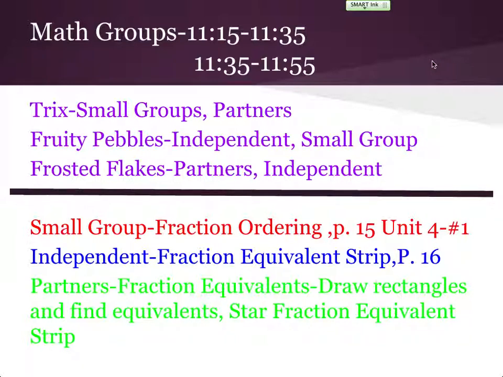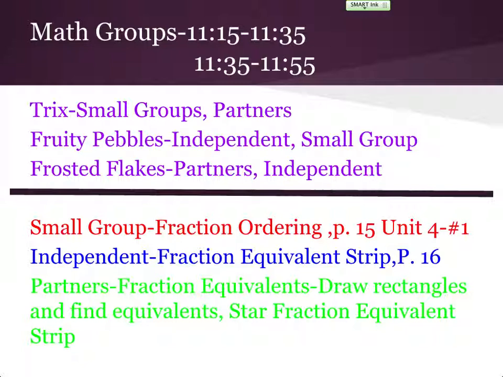If you are Tricks, you are starting with me today, and then you're going to be doing partner work. If you're Fruity Pebbles, you're going to start independently working on your percent fraction equivalent strip, and then you're going to be moving back with me. If you are Frosted Flakes, you're starting with partners, and then you're moving into independent work. Let's talk about what you're going to be doing.